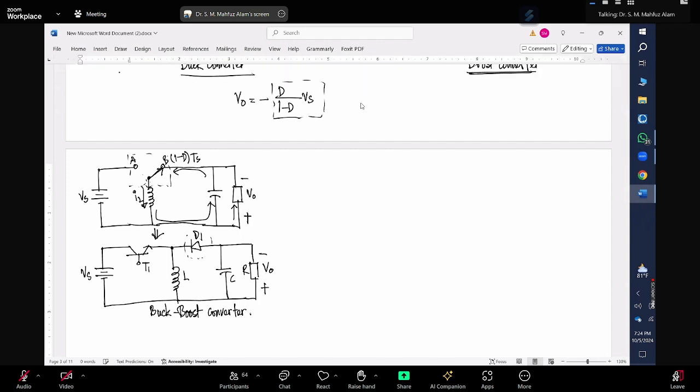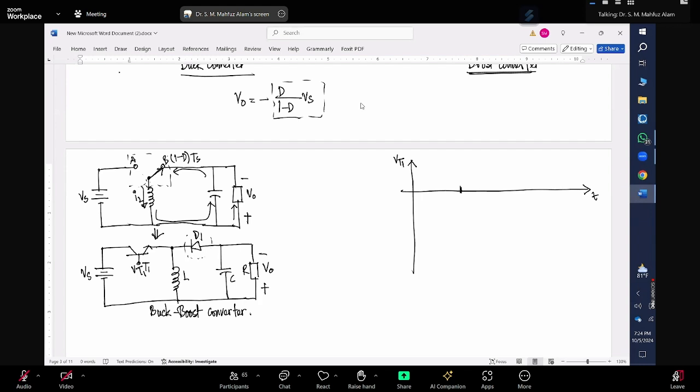Okay. So now let us try to draw the waveform. Suppose for the first time, I will try to draw the switch waveform. Suppose this is my VT1. VT1 is basically the voltage between the base and the emitter.